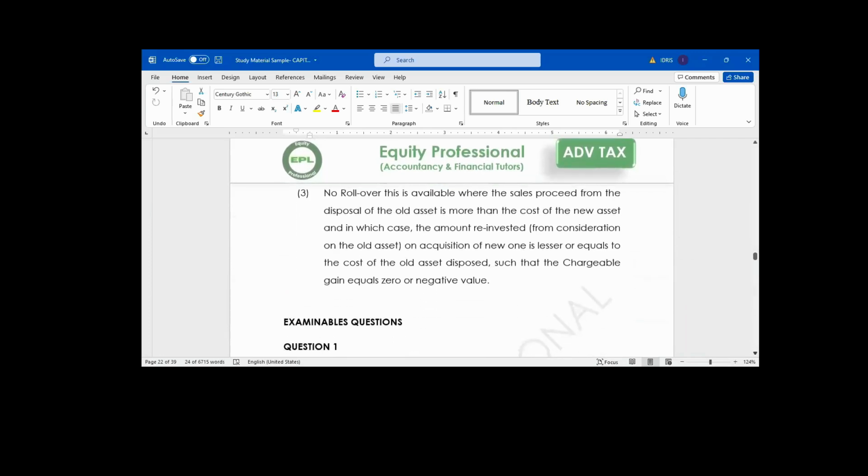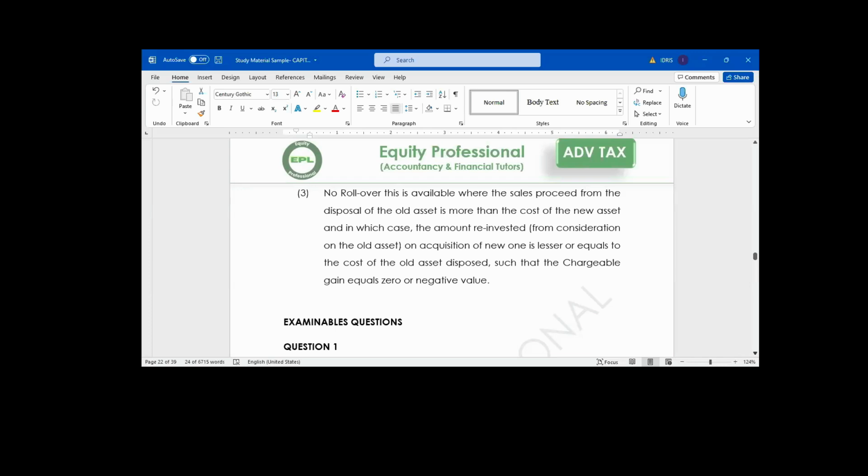Nil rollover. What does nil rollover mean? Nil rollover arises when the amount reinvested in the purchase of the new asset is less than the sales proceeds of the old asset, and is also less than the cost of acquisition of the old assets.